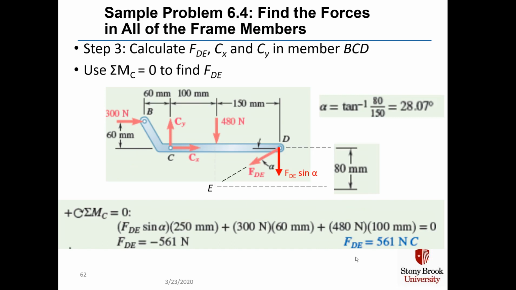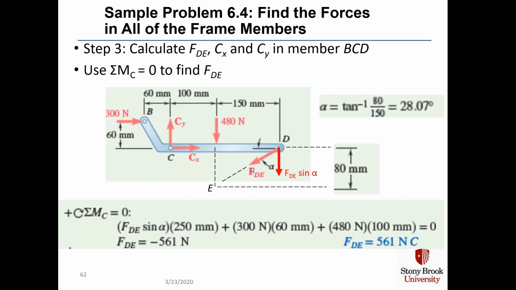First, we can sum the moments around point C in member BCD to find F sub DE. And to do that, we have to be able to break out force F sub DE into its horizontal and vertical components.